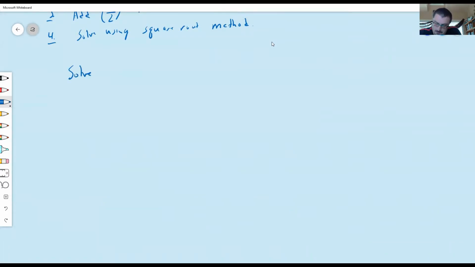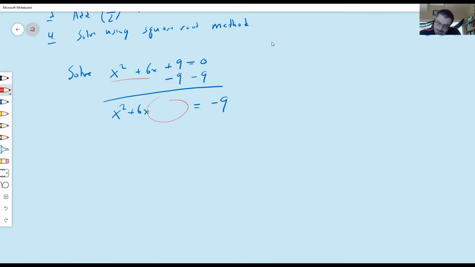Solve x squared plus 6x plus 9 equals 0. Step 1, get those two terms alone. So minus 9. Now we're doing this. Make sure you leave a little bit of space right here, because we're completing the square, which means I have to add something to that term, right?